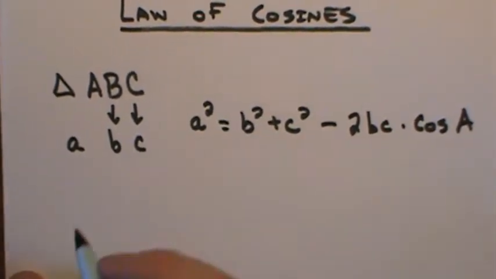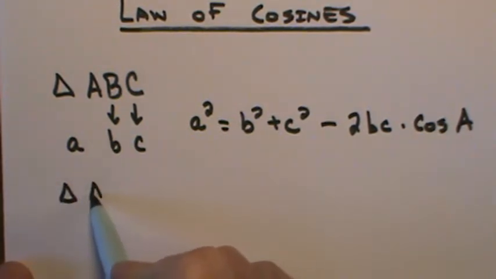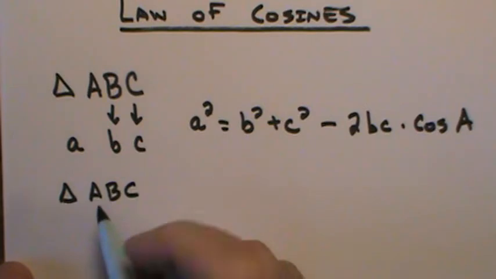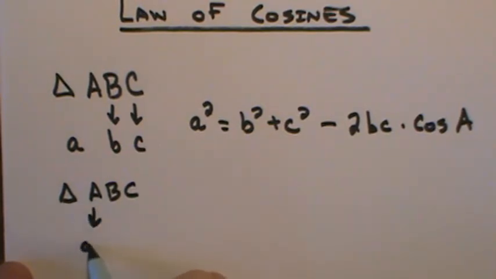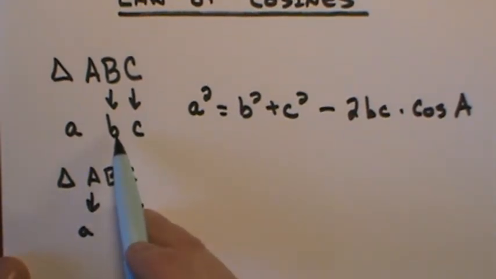In this same triangle, different scenario, we've got triangle ABC. Maybe I have little a and little c, but I'm interested in finding little b.